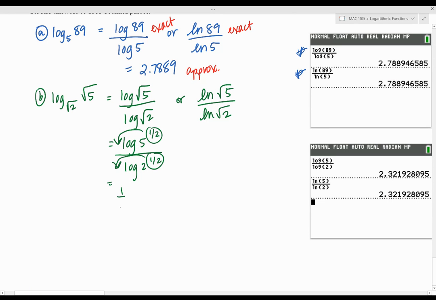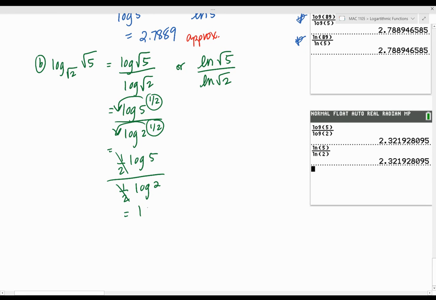So this will give us 1/2 log of 5 over 1/2 log of 2, and the 1/2s would cancel, which would give us log 5 over log 2. Now that would be the same exact thing for the natural log version, so it would end up being natural log of 5 over natural log of 2.